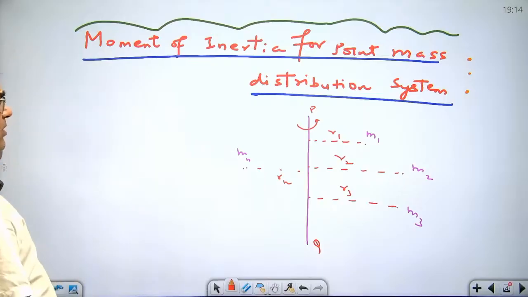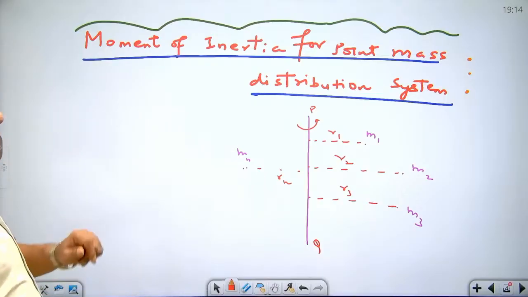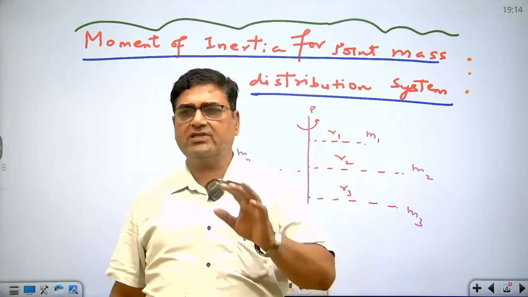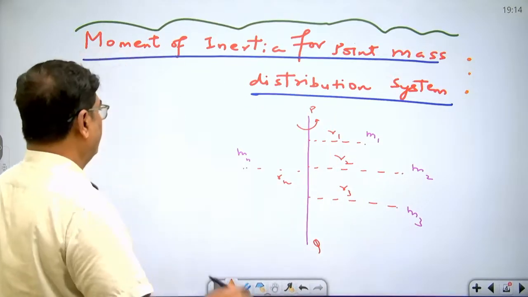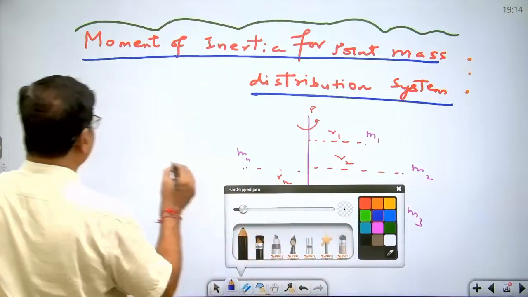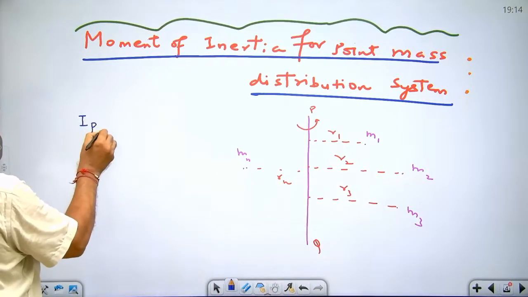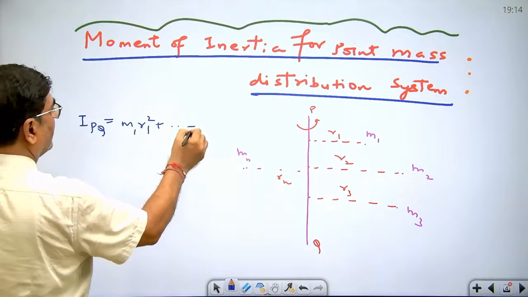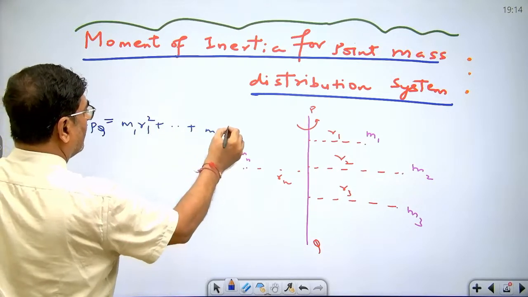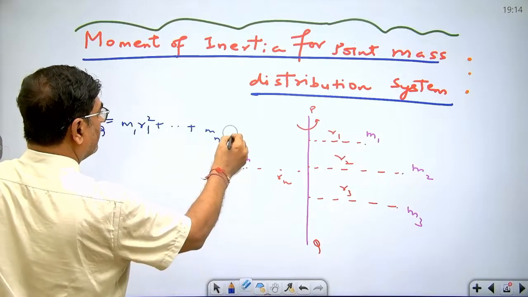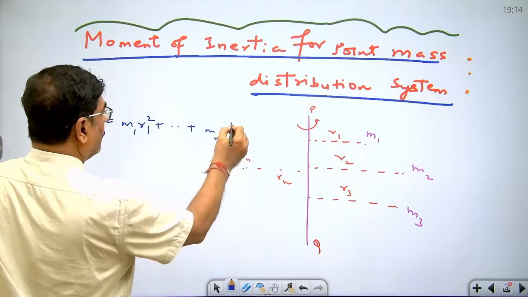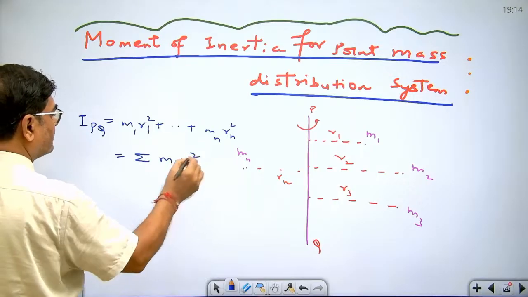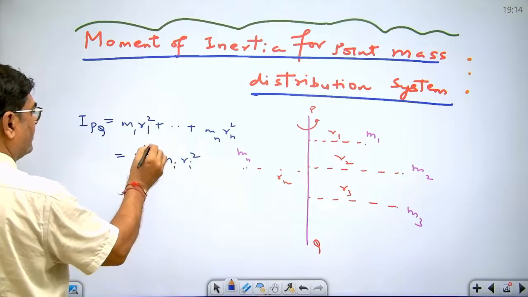The moment of inertia of the given point mass distribution system about rotational axis PQ can be written as M1 R1 square plus M2 R2 square plus Mn Rn square. This can be written as summation Mi Ri square, with i ranging from 1 to n.